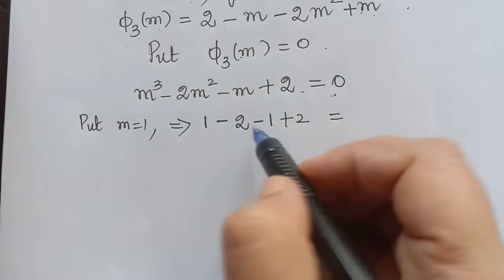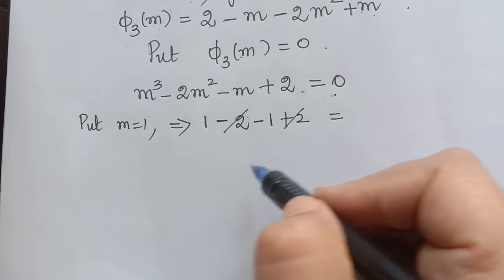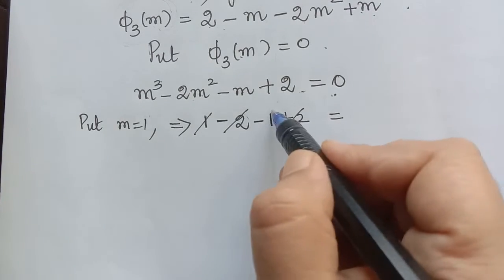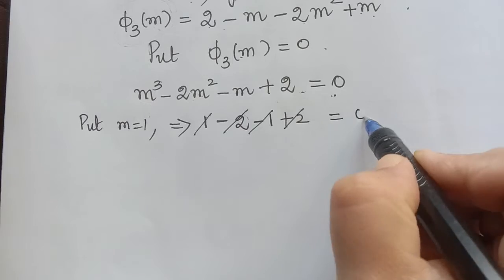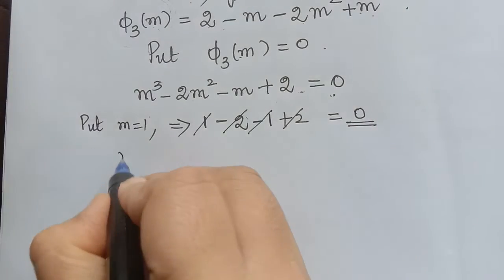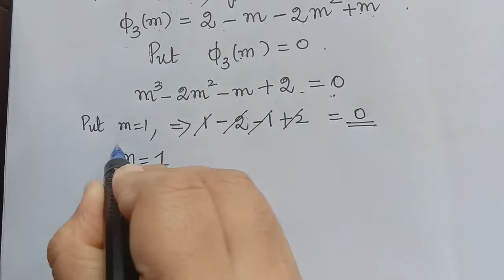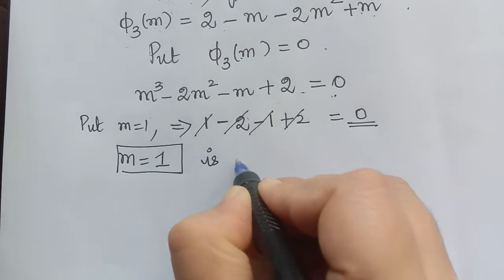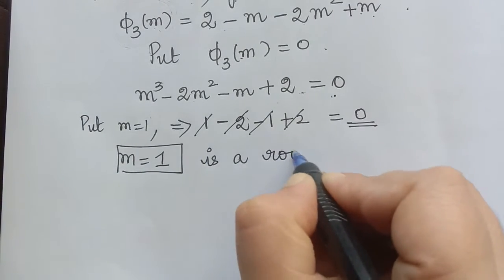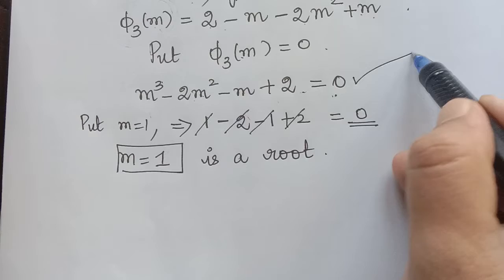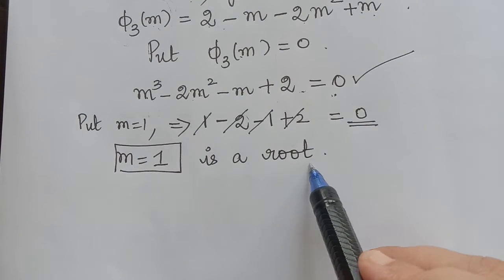Negative 2 and plus 2 get cancelled, plus 1 and minus 1 get cancelled, and of course you are getting 0. So m equal to 1 is a root of this cubic equation.